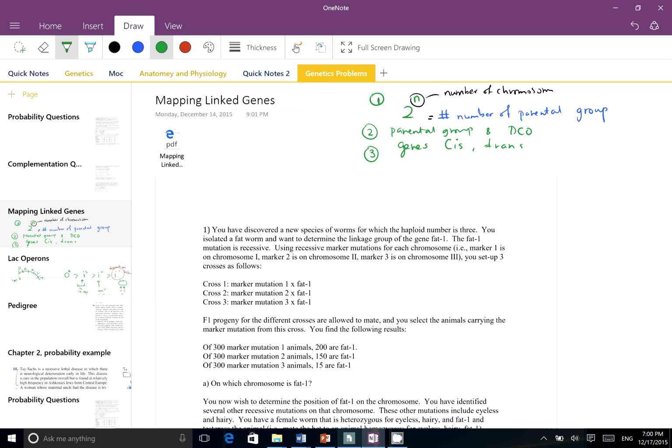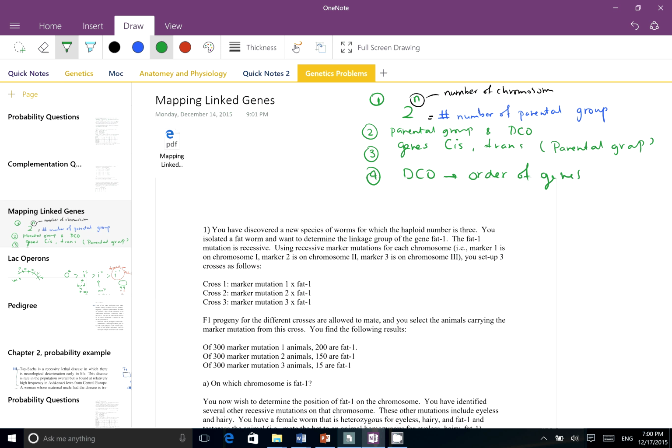Then step 3 is figure out which is in cis and trans, and you figure that out by looking at your parental group. Then for you to figure out the order, which gene is in the middle and what goes where, you look at your double crossover groups to figure out the order of genes.